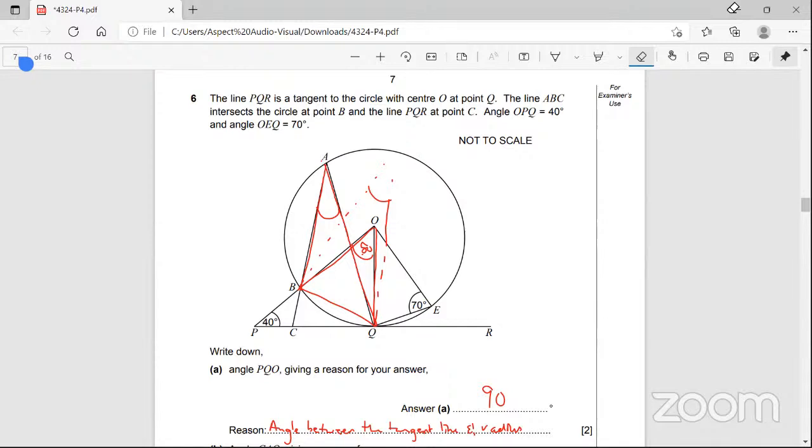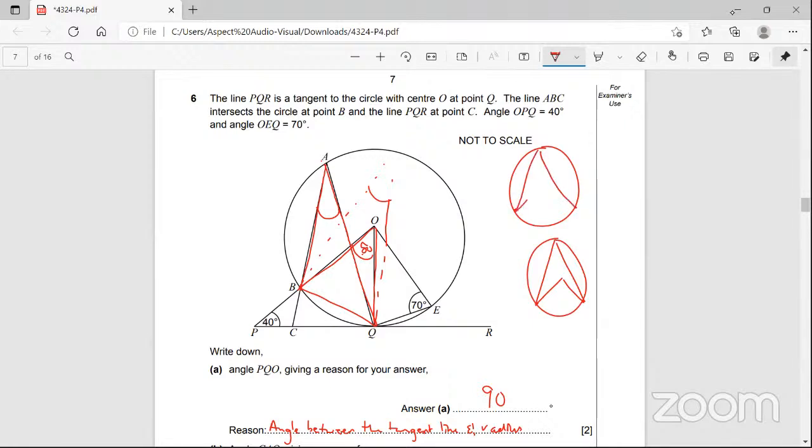Now this is the thing. People don't confuse these two laws: meeting at the center and meeting at the circumference. If I have this one, both these ones are at the circumference. This one is the center and the circumference, so they are two different.